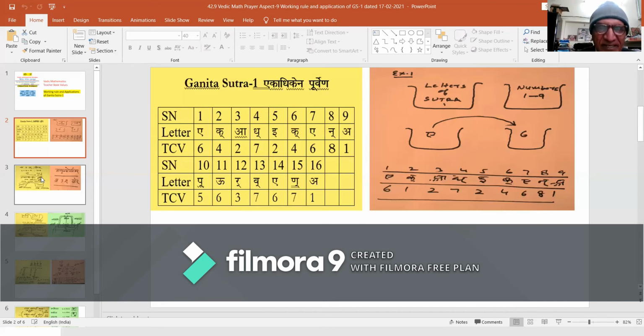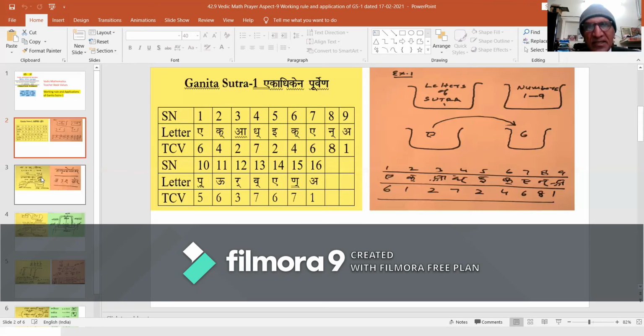Therefore, this correspondence, this association, this reach is the reach as per the rule of Ganita Sutra 1. A takes to number value 6, or the first letter has an association of value 6, or the other way, A is having its Divya Ank 6. The transcendental code value of the letter A is 6.